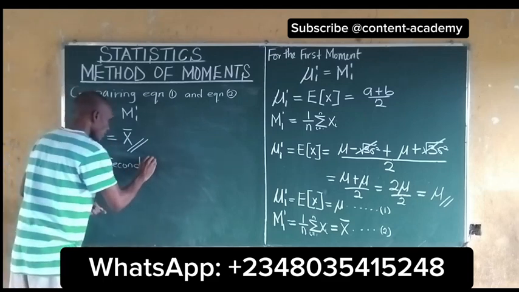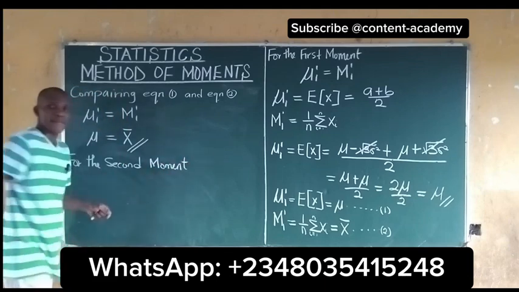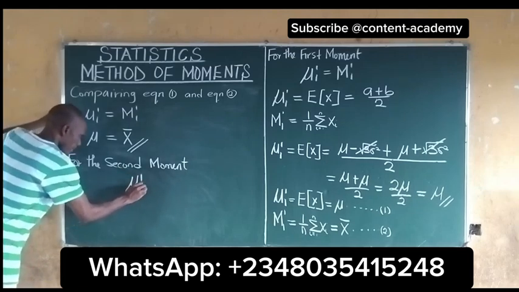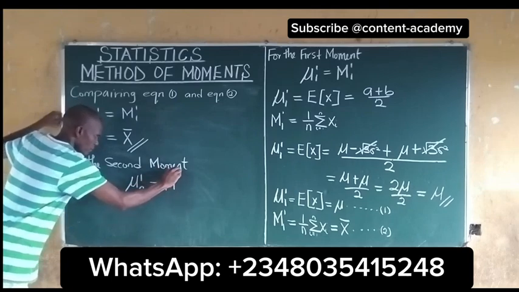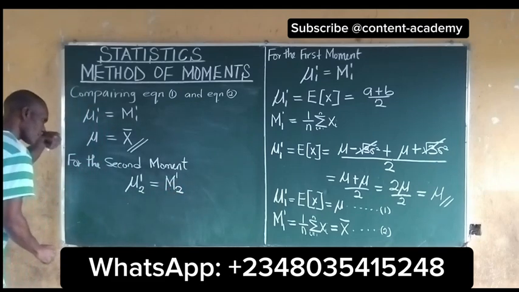For the second moment, we have our population mean to be equal to our sample mean.